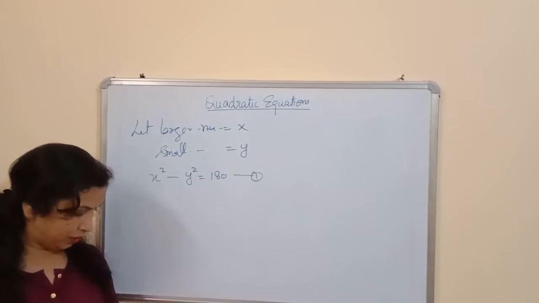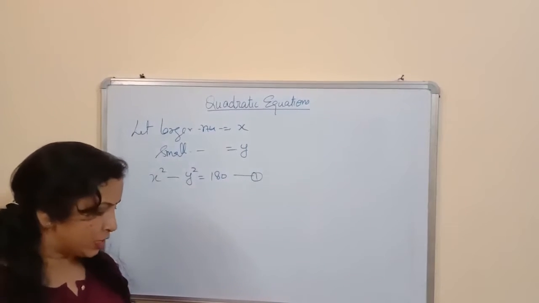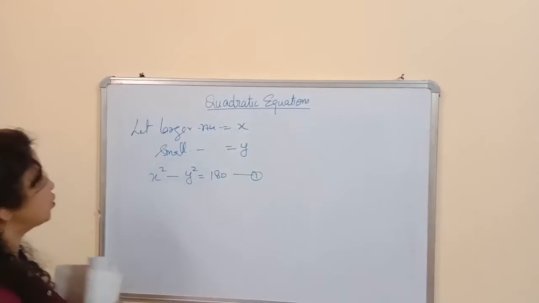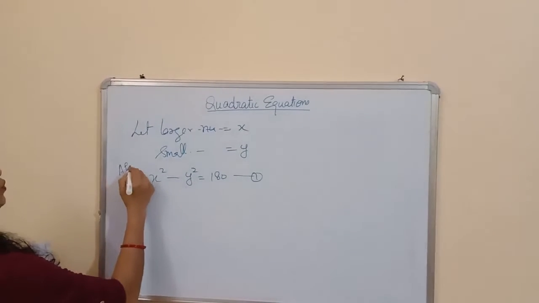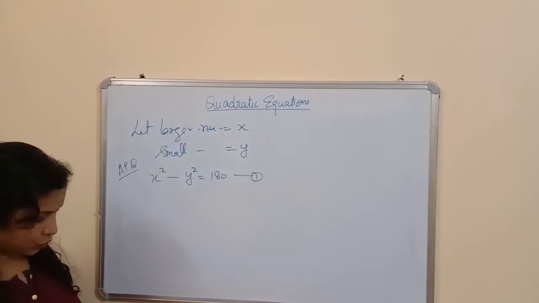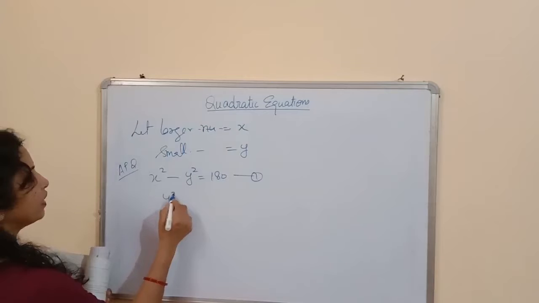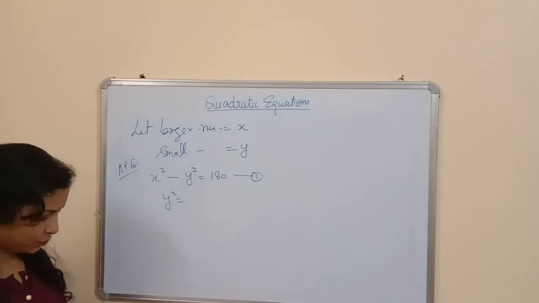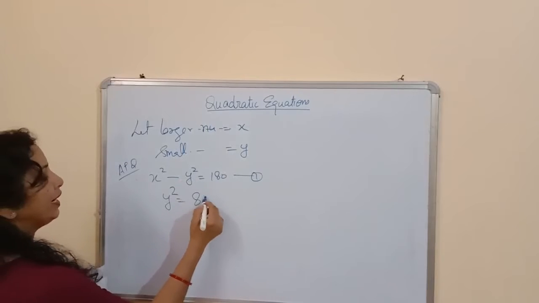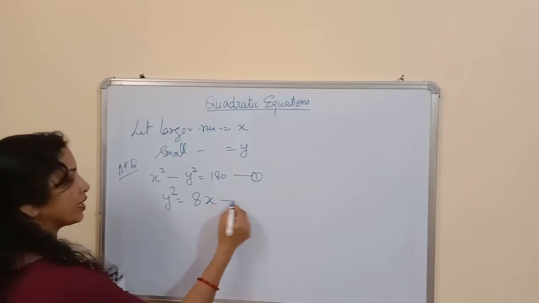So this is the first equation. The square of the smaller number is 8 times the larger number. So according to the question, the square of the smaller number is y square, is equal to 8 times the larger number. So y square is equal to 8x. This is equation 2.